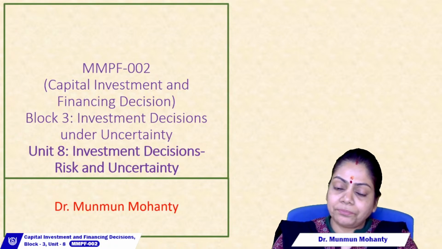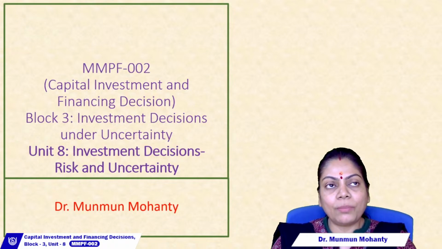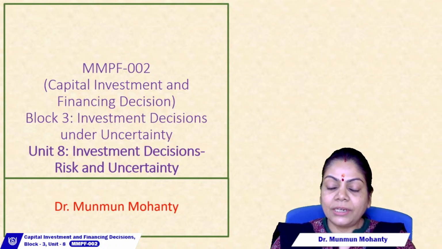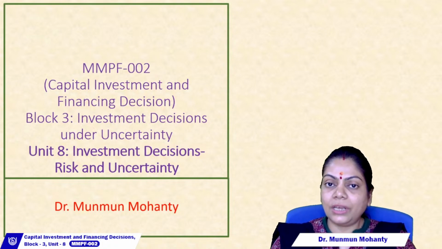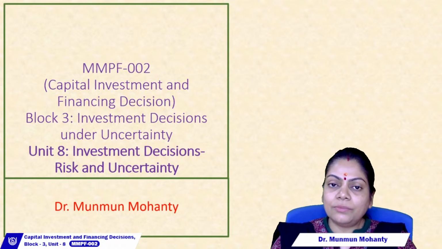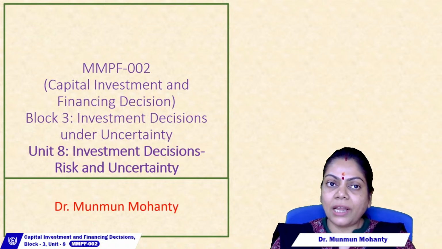And you see, when we talk about the project, the techniques that we have been using till now are the NPV, the net present value, or the internal rate of return, which is the IRR. Now, in either of these cases, we are dependent on something called a cost of capital to discount the cash flows.